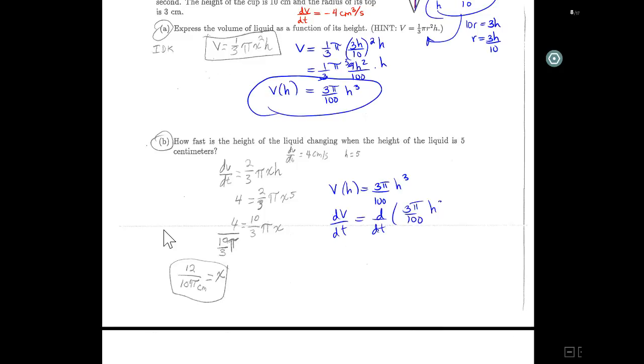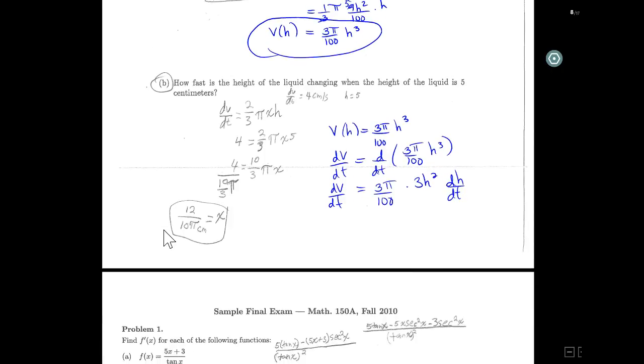The nice thing is now we just have it in terms of the height. So I have 3 pi over 100 times 3h squared dh/dt. Keep in mind this is kind of like implicit differentiation, so whenever I get to the h cubed, I have to multiply by dh/dt.